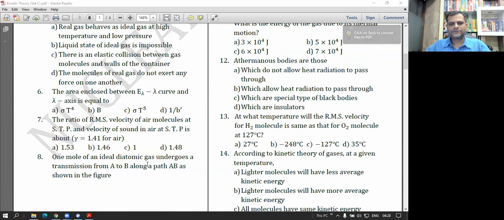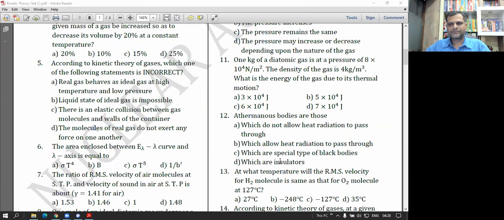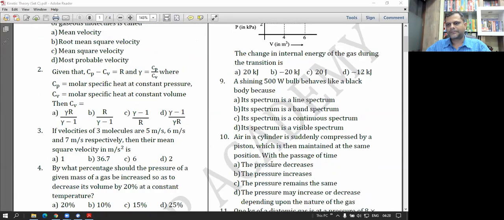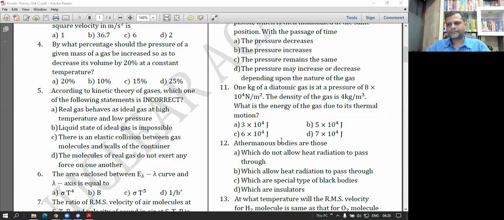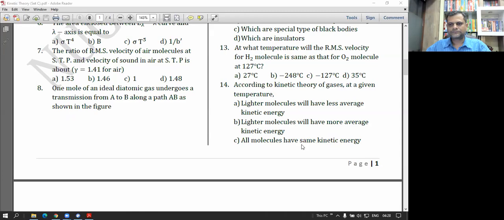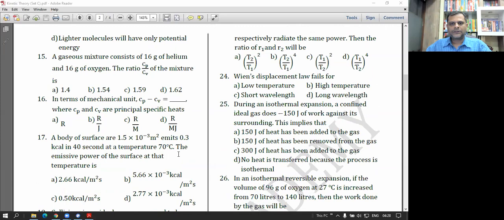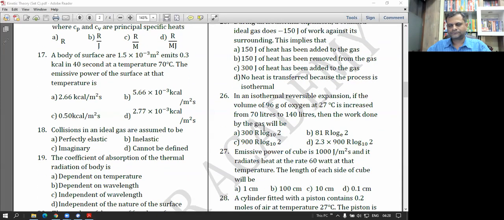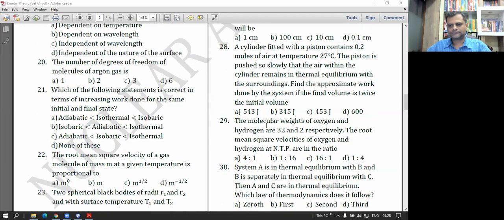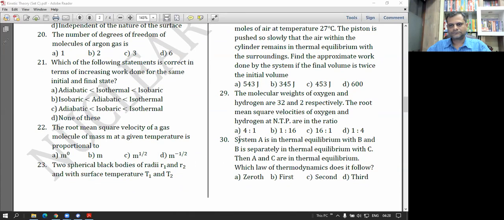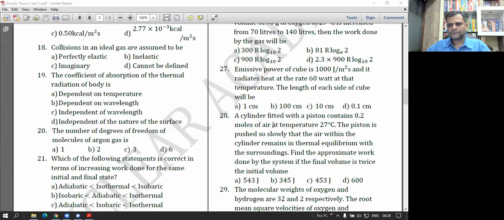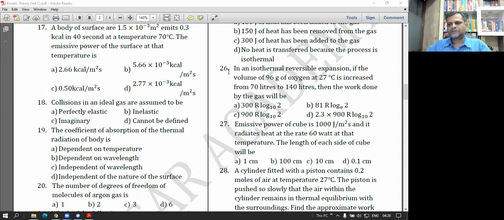Now we just search for the MCQs on thermodynamics. Yes, just check here.